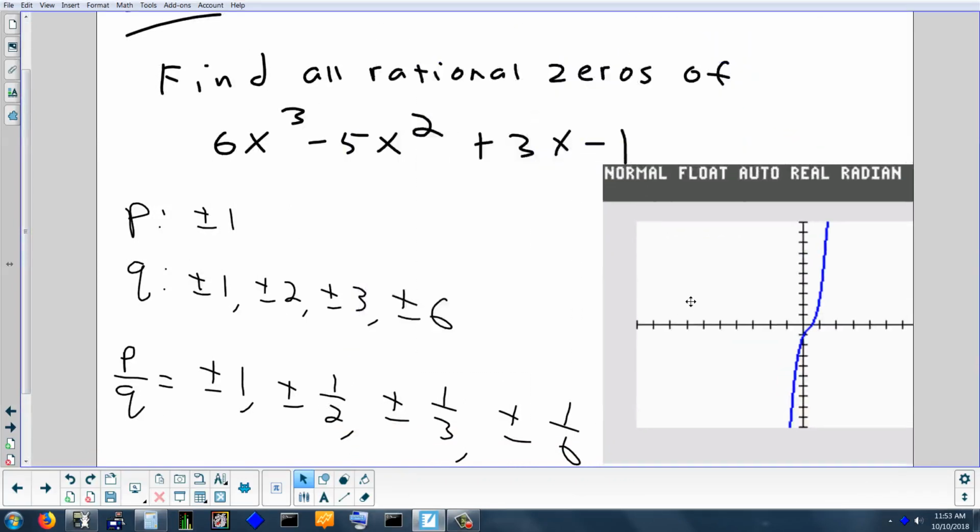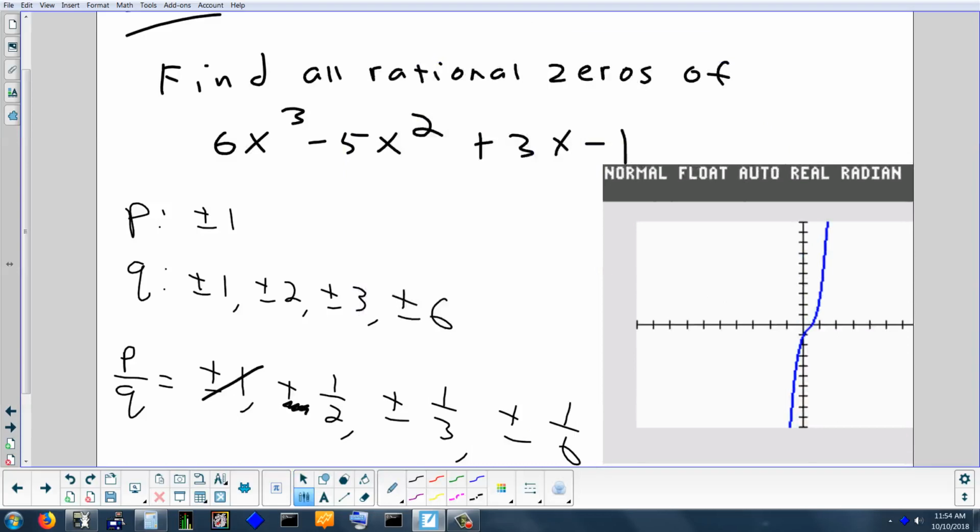Looking at that graph, does it look like it crosses at plus or minus 1? No, I don't really think that's reasonable. Minus a half? No, probably not. How about plus a half? Yeah, it could. I'm not sure yet, but it could be.